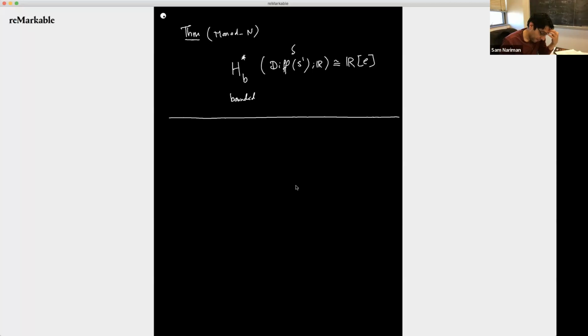And we could calculate it for a couple of manifolds, in particular some spheres. I'm just going to mention maybe one more result in this direction.